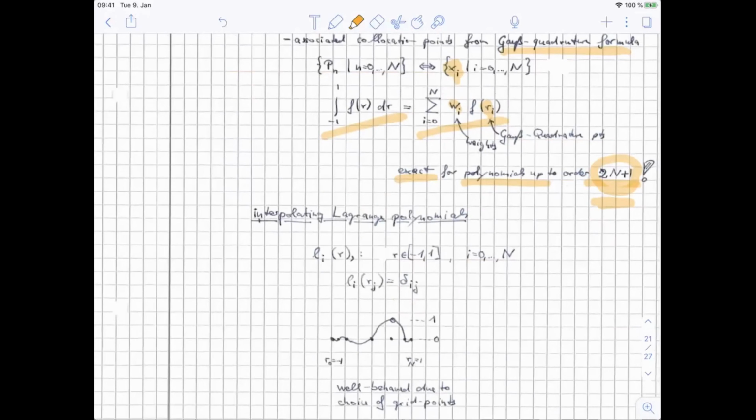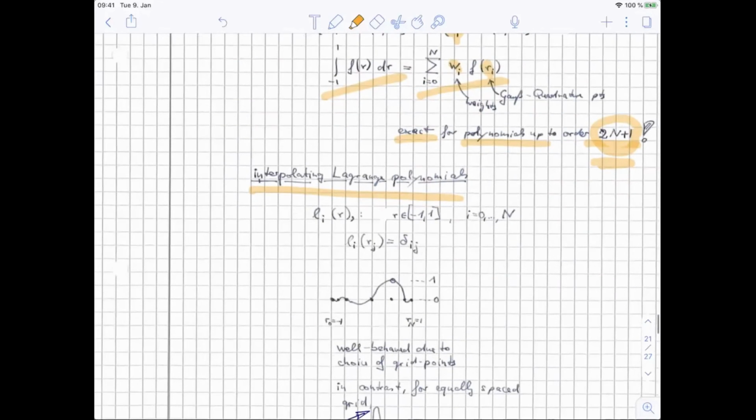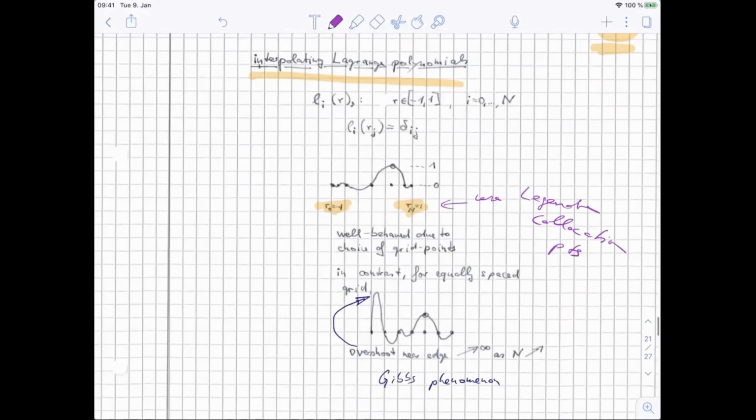One step further, one can now switch over to interpolating Lagrange polynomials based on the Legendre collocation grid points. And the Legendre collocation points are unequally spaced.